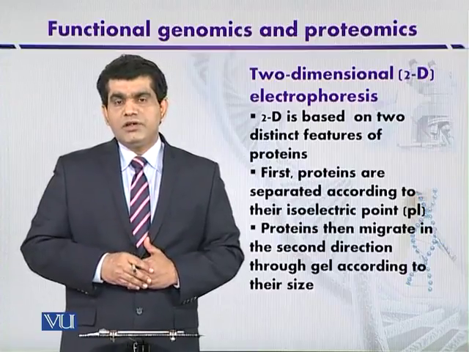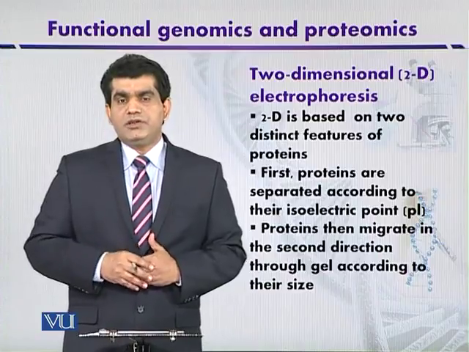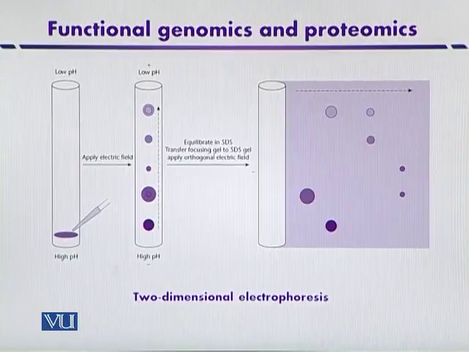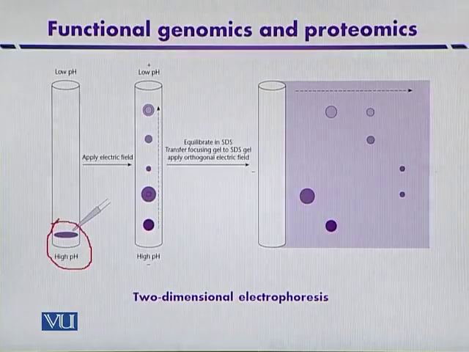Now what is the actual principle behind 2D gel electrophoresis? As in this diagram, we can run the protein in a pH gradient. Suppose we have loaded our sample here. At this corner the pH is high, here the pH is low, so we have established a pH gradient. Now molecules will move in this direction.